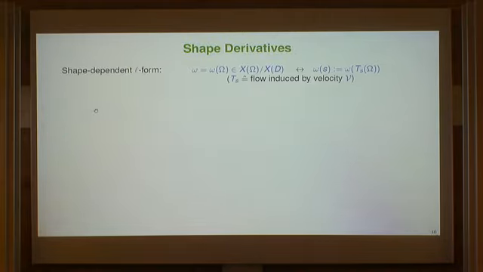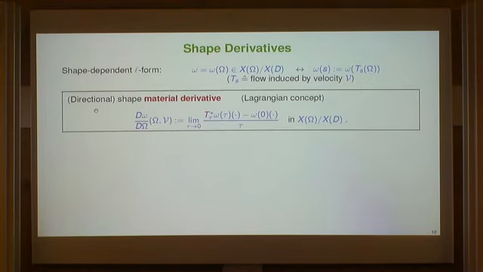Now, shape derivative. So far we have seen the material derivative in exterior calculus of a shape-dependent form, the directional derivative in the direction of a vector field. And now let's step back and return to the original problem. We have a shape-dependent form.